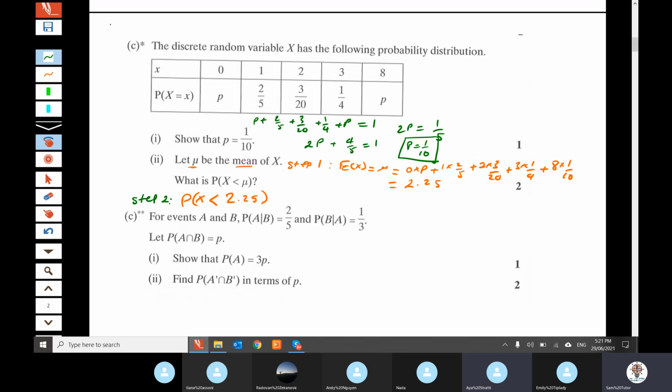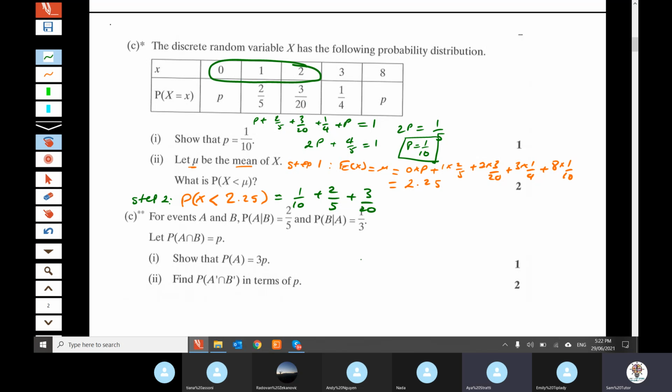For it to be less than 2.25, you know it's not integration or anything because it's not continuous, and you can't have 2.25. Just look at the table. So you do 1/10 plus 2/5 plus 3 on 20, because less than 2.25 does include 2.